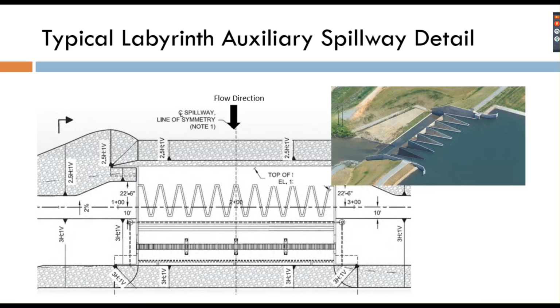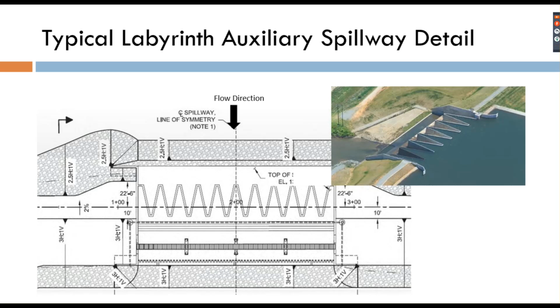So the primary spillway gates that you see in the last picture, those are operated to manage the lake levels on a day-to-day basis, and also are used for storms of lesser magnitude. When storms of greater magnitude come, we would also have what we call an auxiliary spillway.